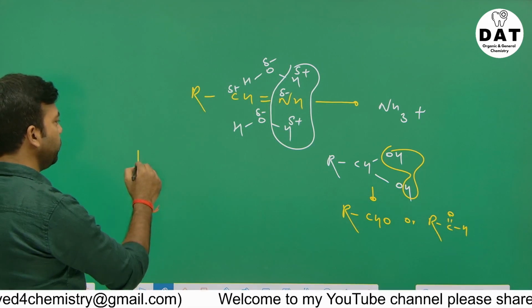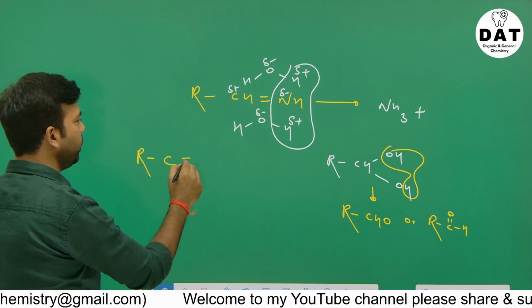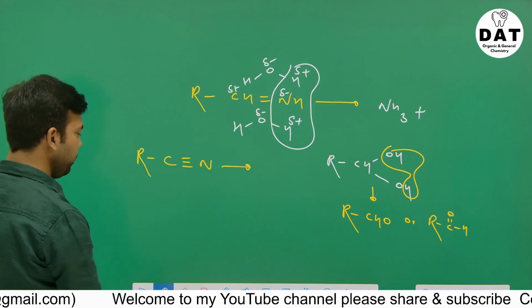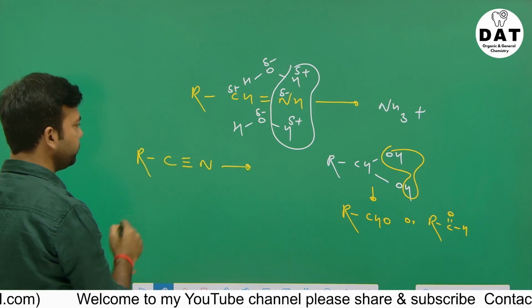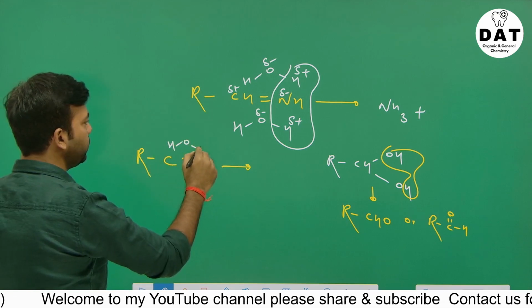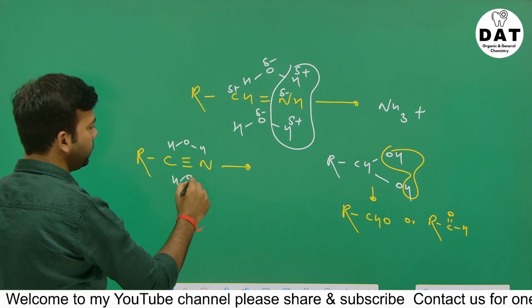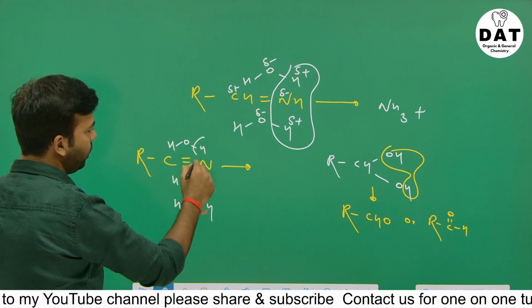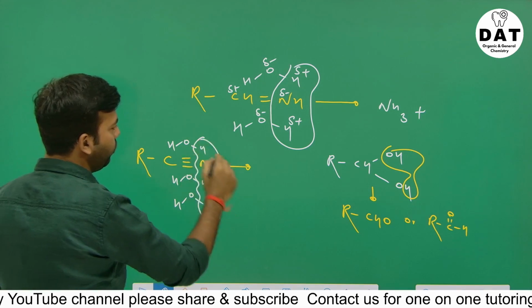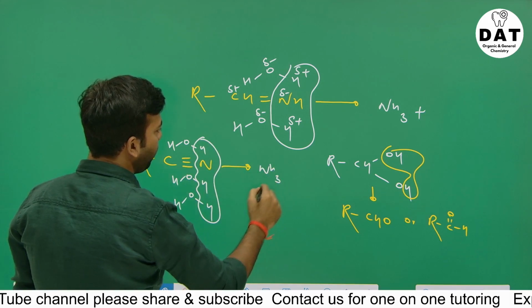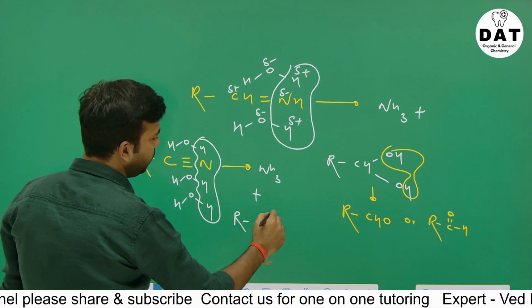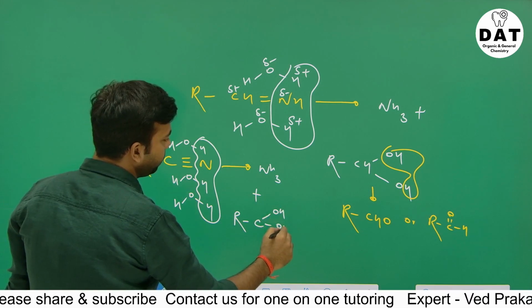Suppose we have this one, C triple bond N, and we are going to hydrolyze this. This time we will use 3 moles of water, HOH, HOH, HOH. Again nitrogen removes all the hydrogen and becomes ammonia, and we have RC(OH)3 this time.